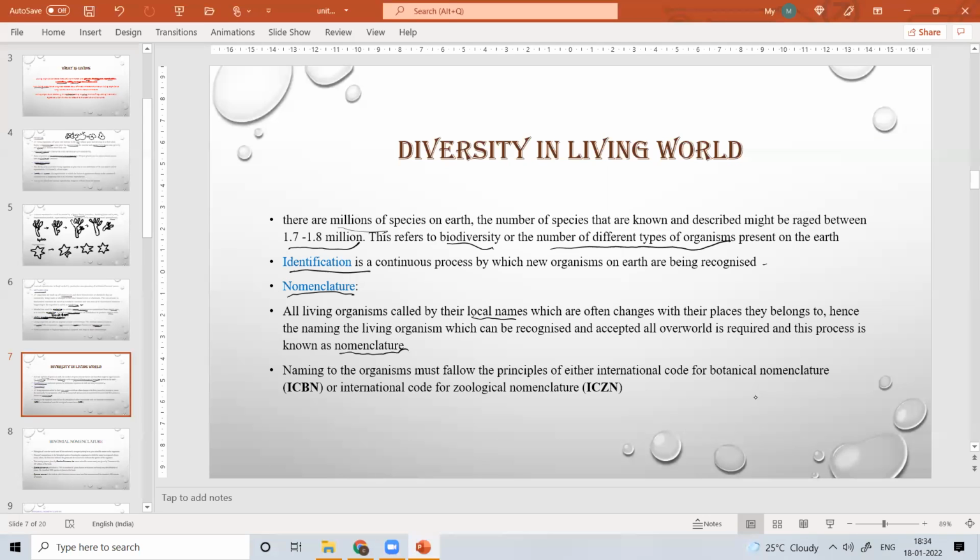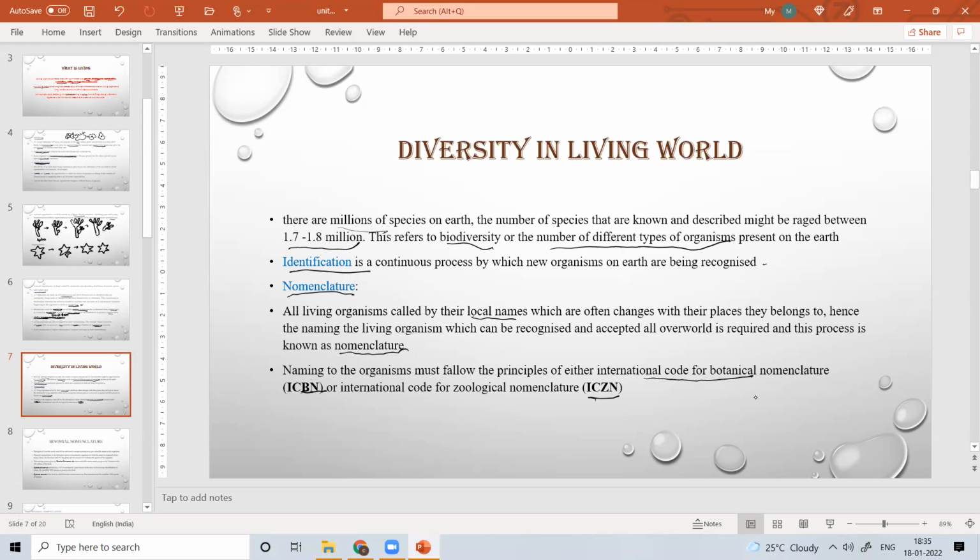So here, naming the organisms must follow the principles of either the International Code for Botanical Nomenclature, that means ICBN, or the International Code for Zoological Nomenclature. So what is ICBN? International Code for Botanical Nomenclature.